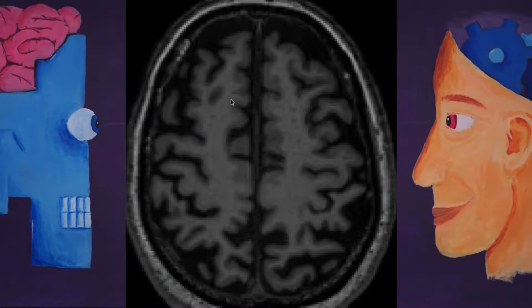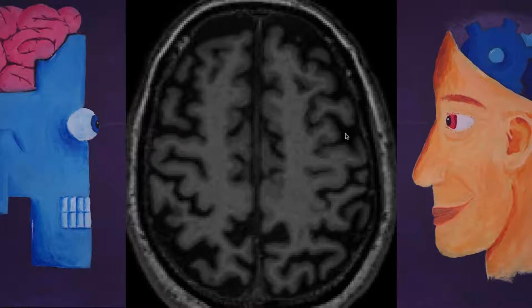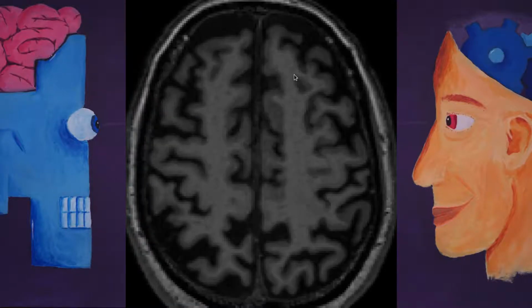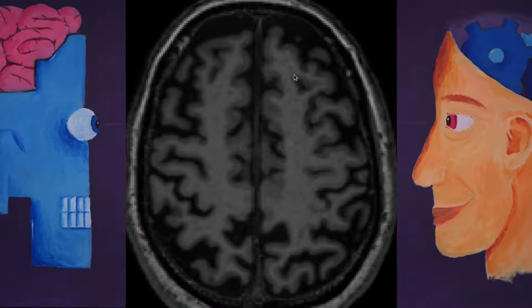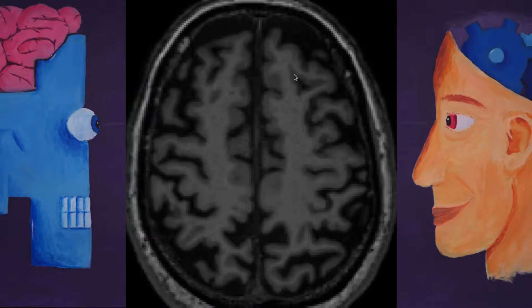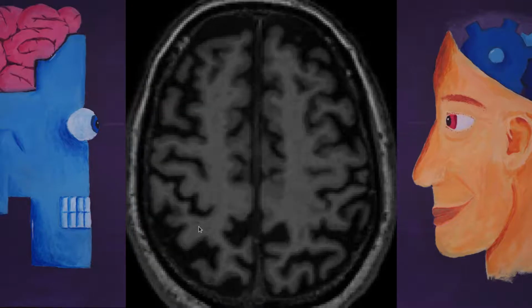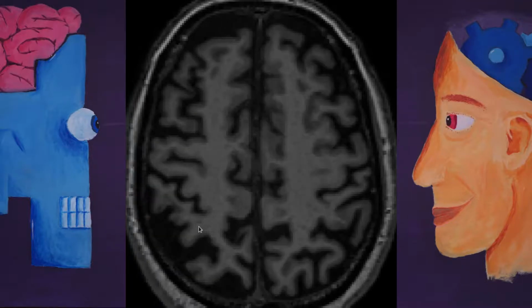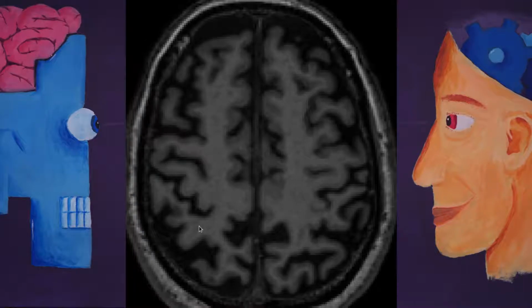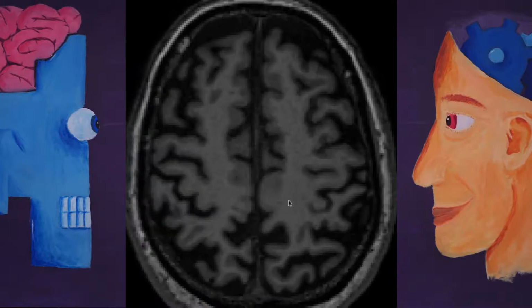So I would count one here. Maybe here you also see something. Yeah, there's almost no perivascular space that you can see really well in this one. So for this one I would just say 1.